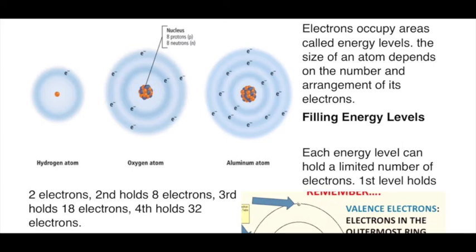If you have, in this case, aluminum, you're going to have 3 shells. You're going to have a shell of 2, and then a shell of 8, and then a shell of 3. So these are going to be at different locations energy-wise, and these are called energy levels. As you increase the levels, you're going to increase the size of that atom. That atom's radius is going to get bigger and bigger as you have more electron levels.